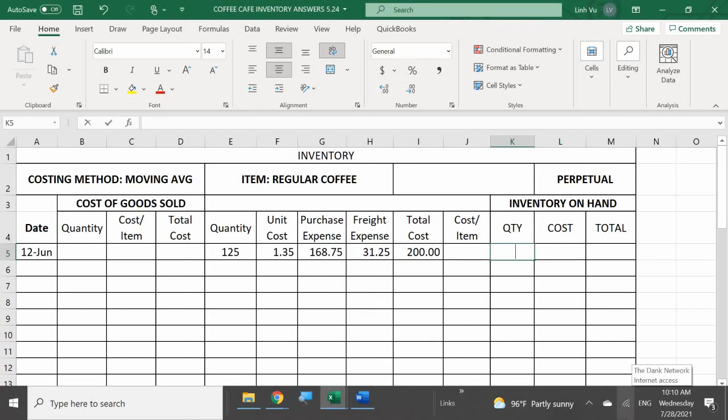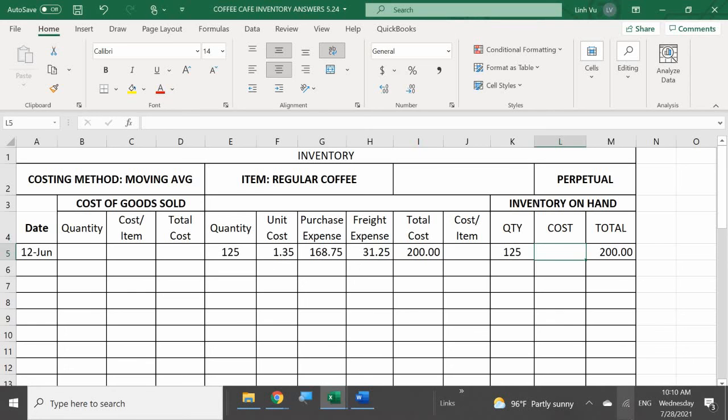So I have a total quantity of 125, which cost me a total of 200. So therefore, right, because we're using the moving average, our formula that we need to keep or can constantly calculate is our average cost per item.